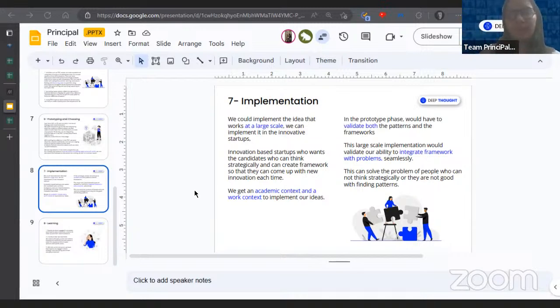If this prototype works here, and we can see through the measures that people are engaging more, they're able to come up with high level thinking frameworks, and they're able to connect it to their everyday examples, then we would like to implement it on a larger scale, look at different organizations, look at our own client organizations, and anywhere where you want people to be in more leadership positions, this sort of a format can help them think along those lines. So yeah, you could move to the next slide.